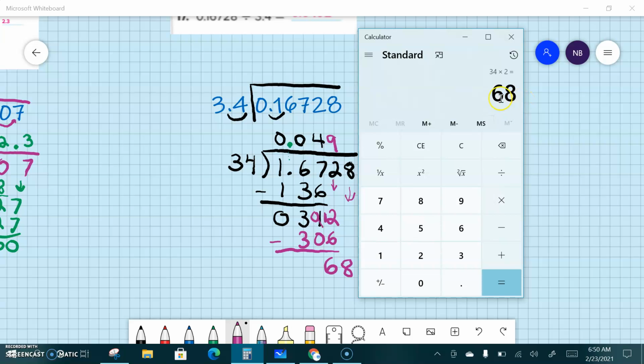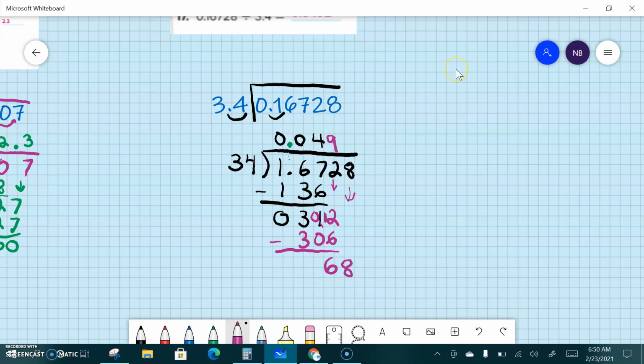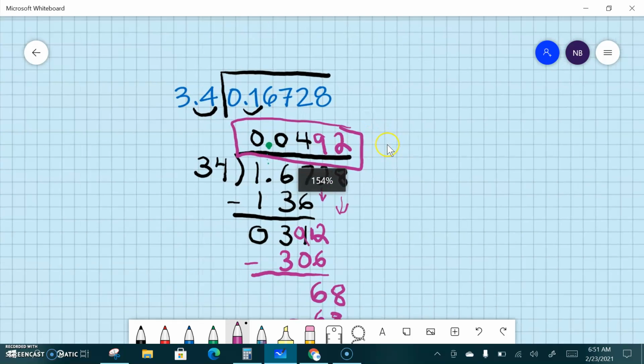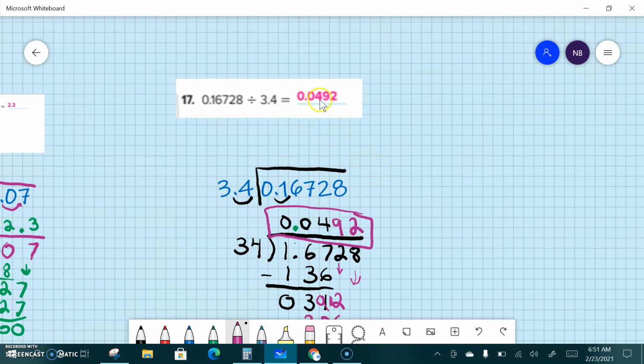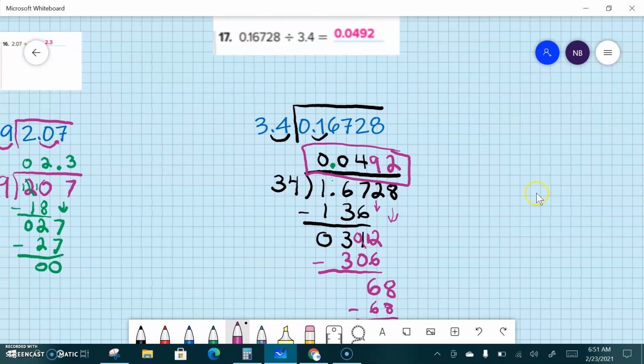And it goes in evenly. So I've reached the end, and 34 times 2 does equal 68. And I've reached the end of my equation. So my final answer should be 0.0492. All right, let's take a look. Yep, 0.0492.